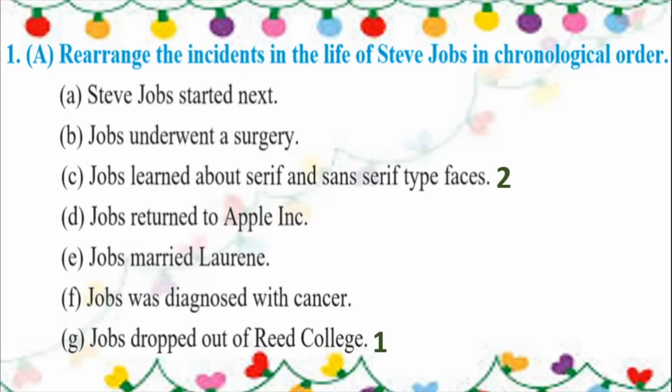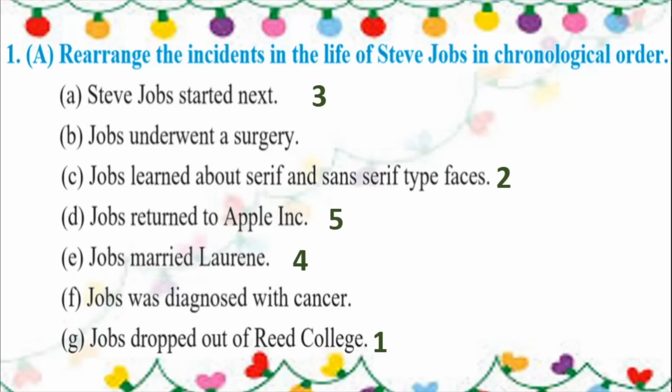Okay. After that, what happened? He started the Next. That is a company called Next. Okay. And then he married his then wife, Lorraine. Then he returned to the job at Apple Incorporation.